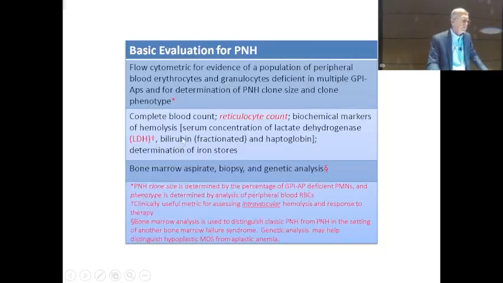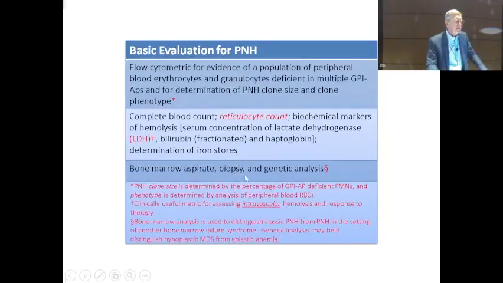The bilirubin is helpful as well, and haptoglobin, but the LDH is the most important one in diagnosing and following PNH. And we determine iron stores as well, because patients at presentation can be deficient in iron because of loss of iron as a result of hemoglobinuria.